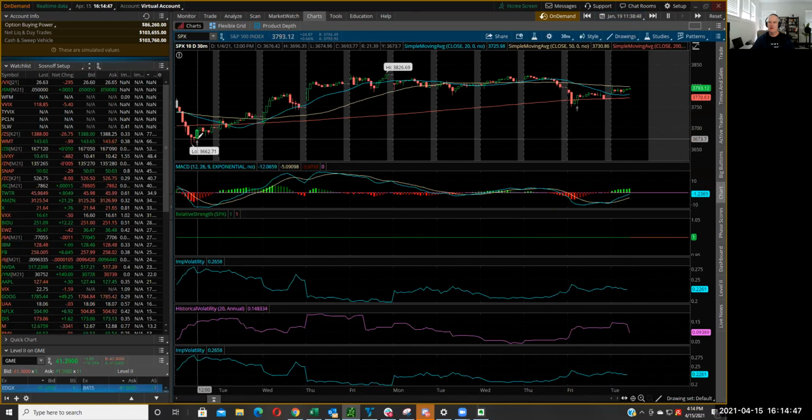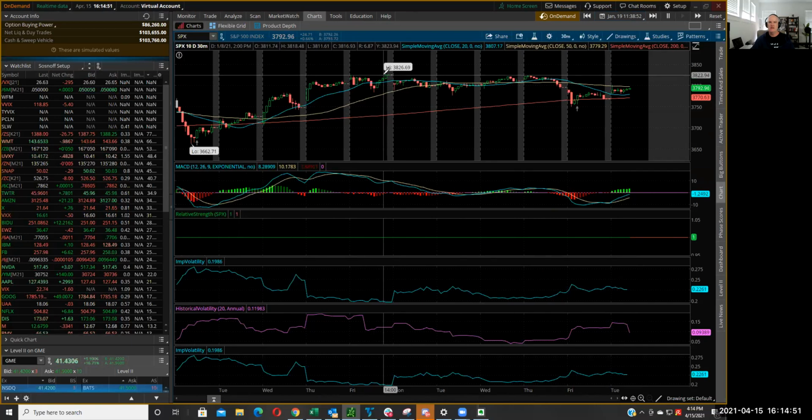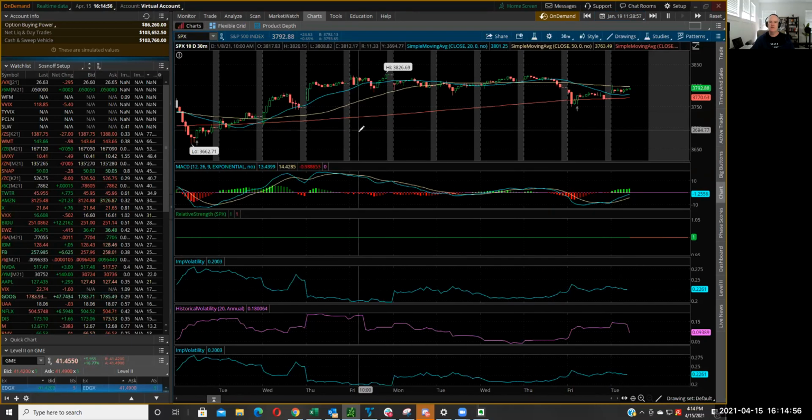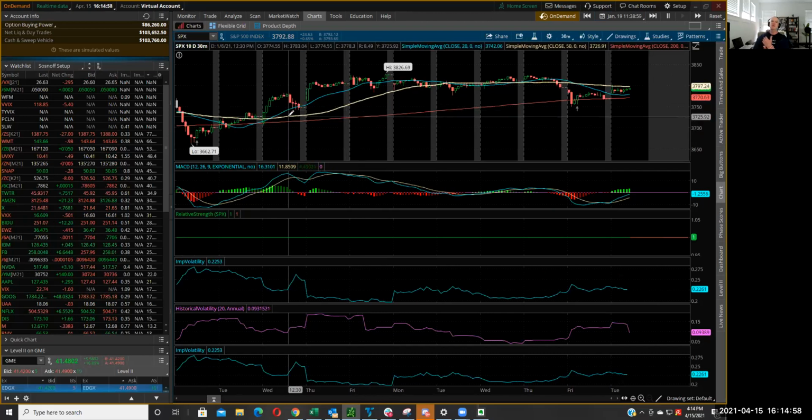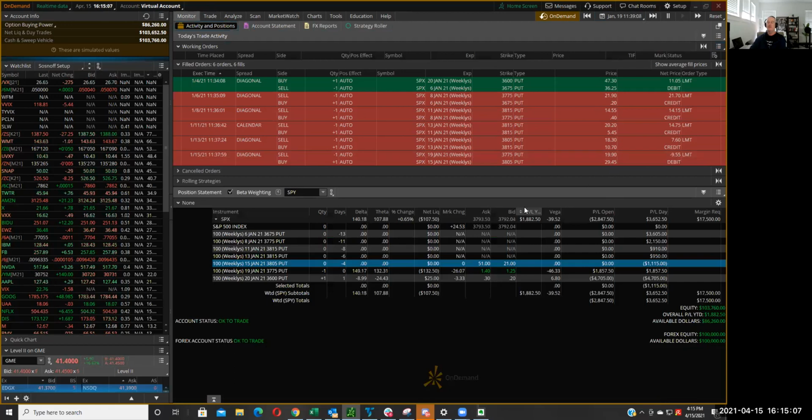So the market's low point has been 36.73 and looked like its high water mark was 38.24. So it's within a 200 point range in that 2-week period. So it gives you some idea. Hopefully this was helpful.